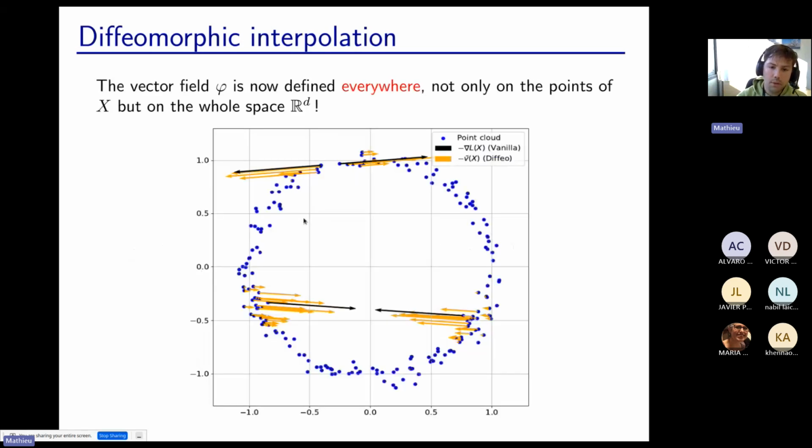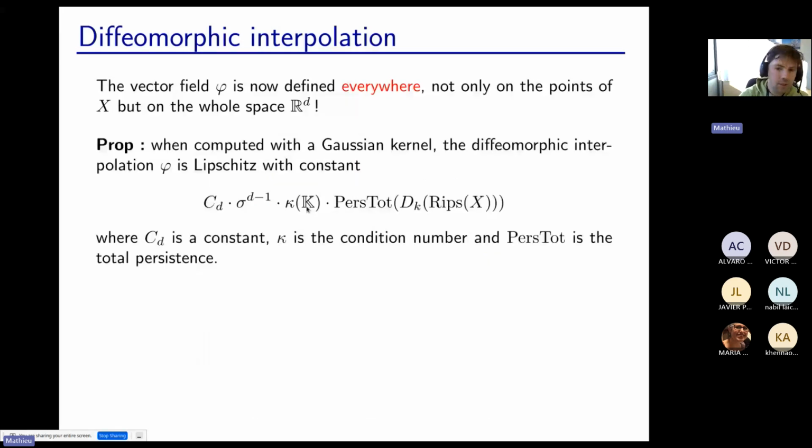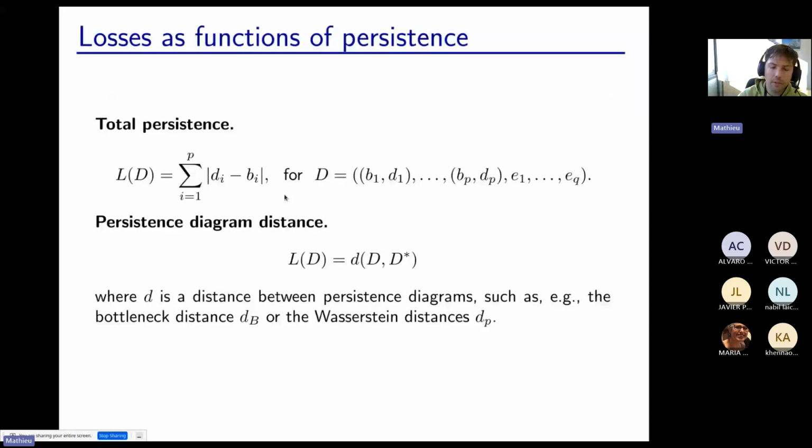So if your matrix is hard to invert, the resulting gradient can oscillate more, and the Lipschitz constant can be bigger. It also depends on the dimension, on the bandwidth of the kernel, and on the total persistence of the persistence diagram, right? The total persistence is the one that I described earlier, the sum of the distances to the diagonal.